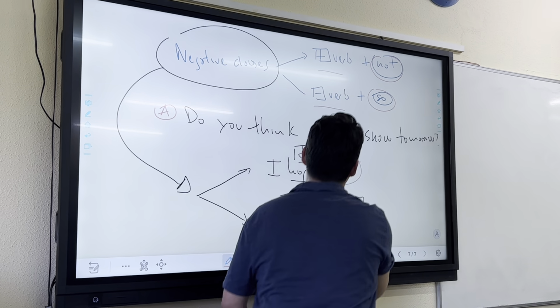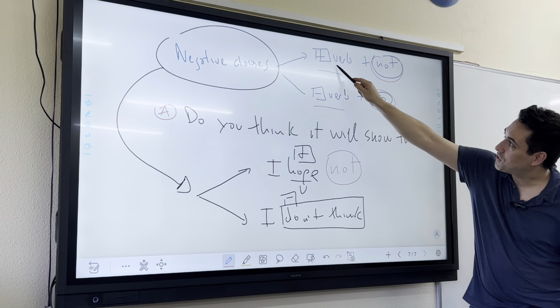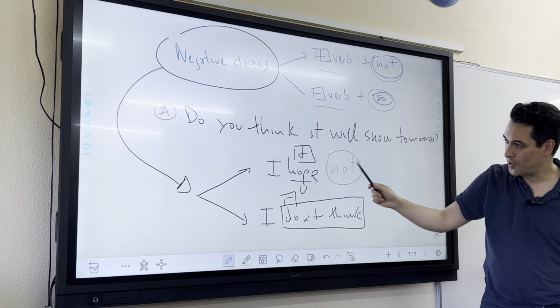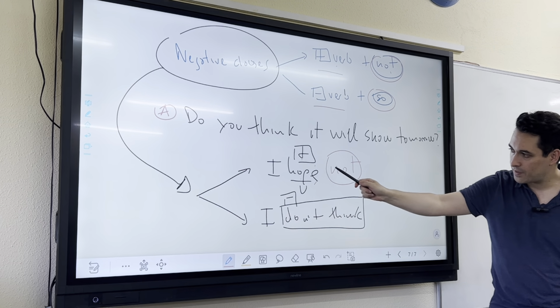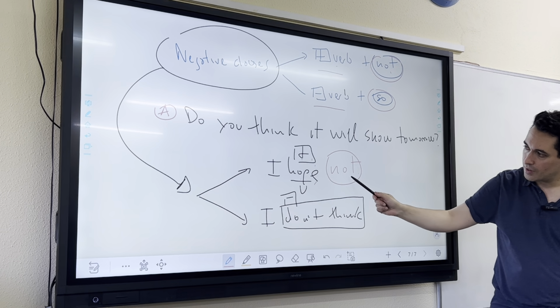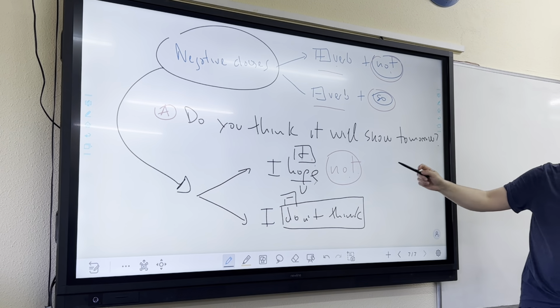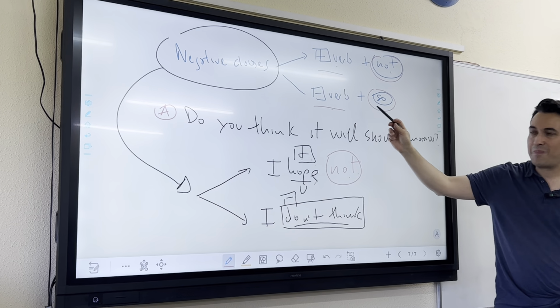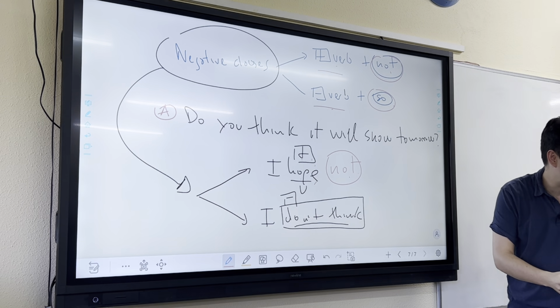So as you can see here, this is positive verb and not. I hope not. Positive verb and not. And this is a negative verb. I don't think. Negative verb. So what is the answer, Alba?